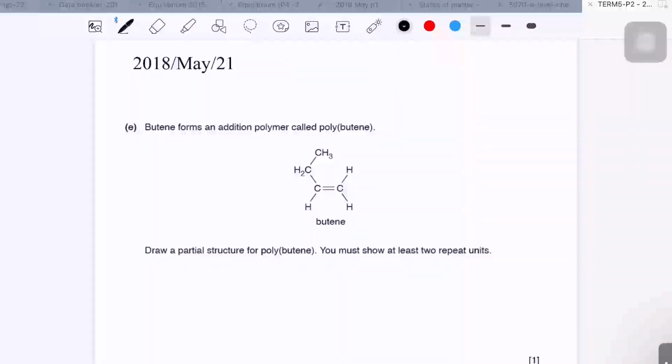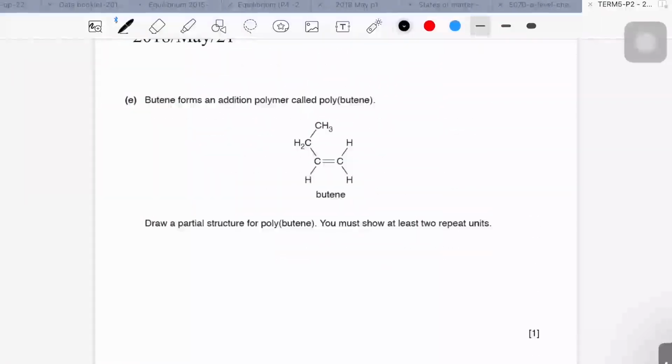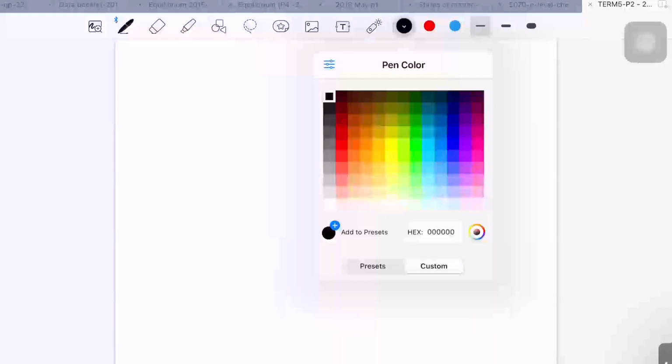Right, let's go to this one. Butene forms an addition polymer. Alkenes always form addition polymers. Right? Now for an example, ethene forms polyethylene. Ethene, this is ethene.